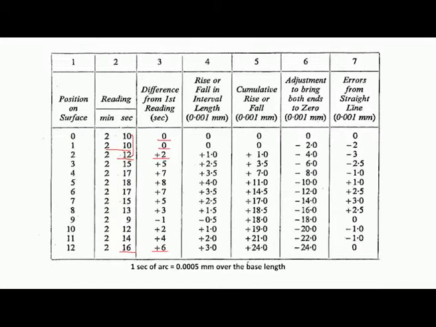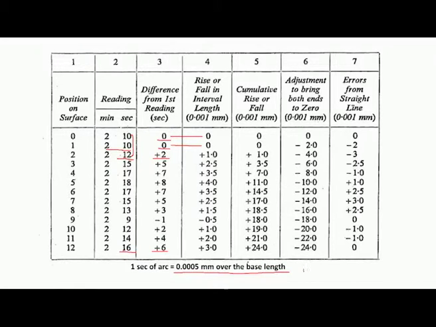Now, we should find the rise or fall in interval length in terms of 0.001 millimeter, or directly in terms of micrometer. The first reading is 0, the second reading is also 0. Now, see, 1 second of arc is equal to 0.0005 millimeter over the base length.